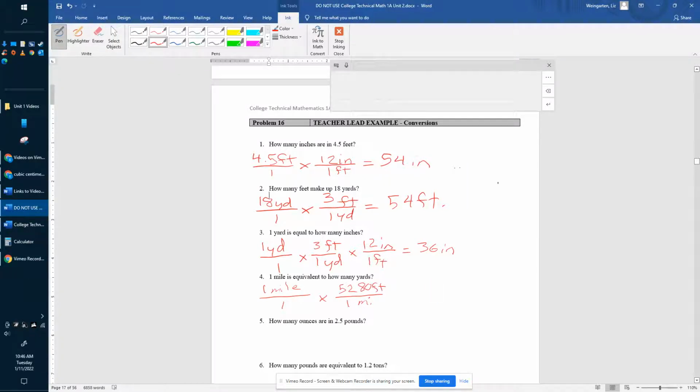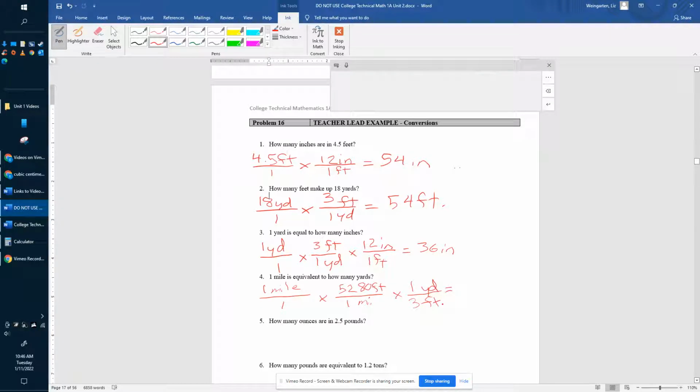And now we have to convert to yards. So we're going to have feet on the bottom, yards on the top. In 1 yard, there are 3 feet. Now we'll take everything on the top, multiply it together, be 5,280.